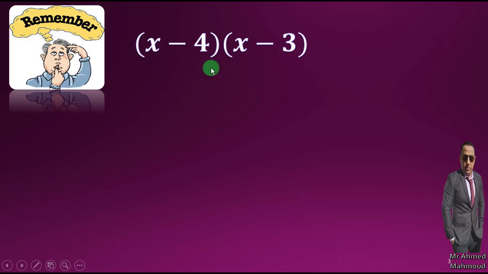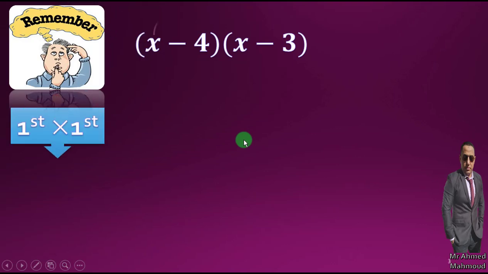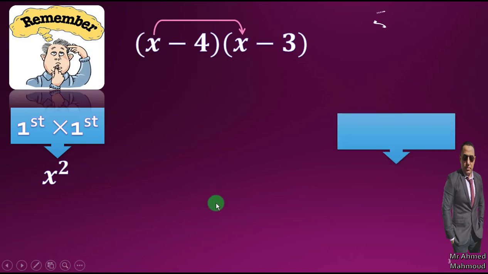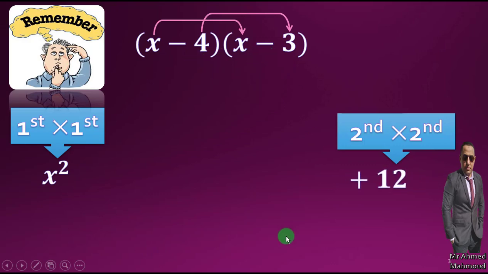We are going to expand this expression by using the following rule. First, we are going to multiply first times first: x times x equals x power of 2. And we are going to multiply second times second: negative 4 times negative 3 equals positive 12.